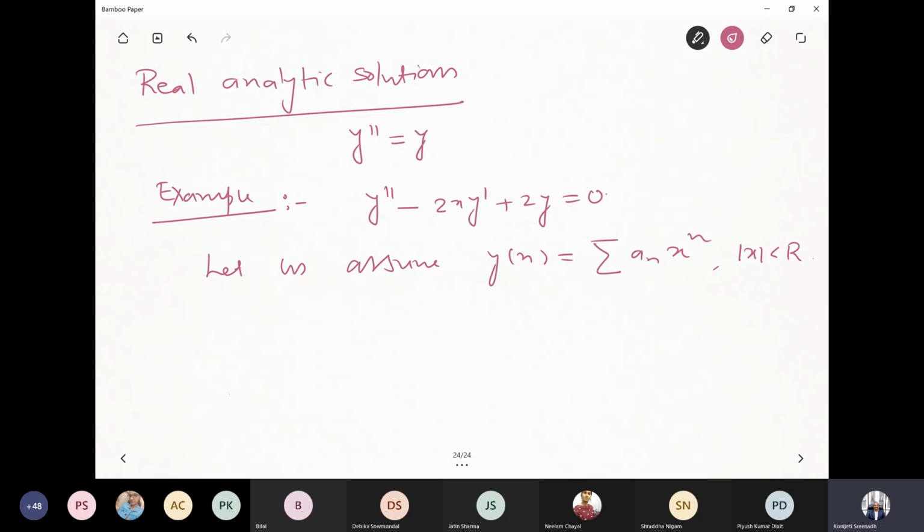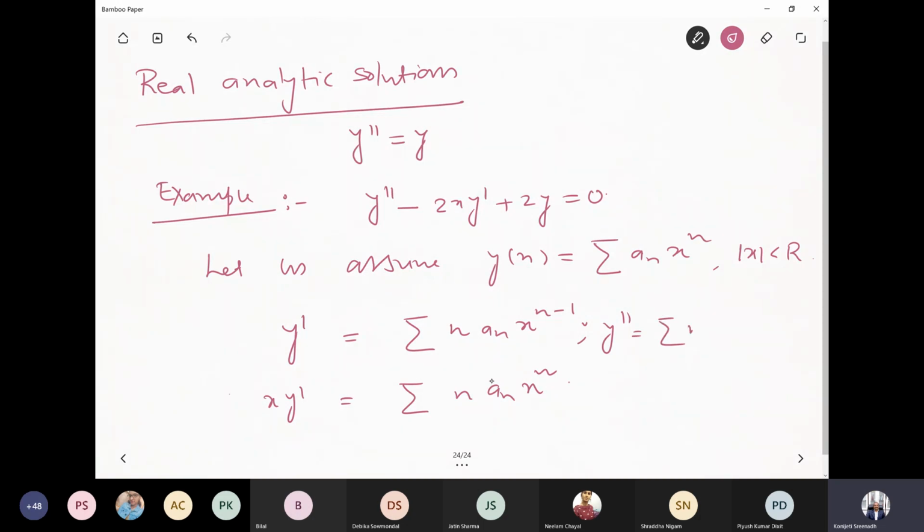So y prime is going to be the series n a_n x^(n-1). So you can write x y prime, which becomes n a_n x^n. Similarly, y double prime is n(n-1) a_n x^(n-2).